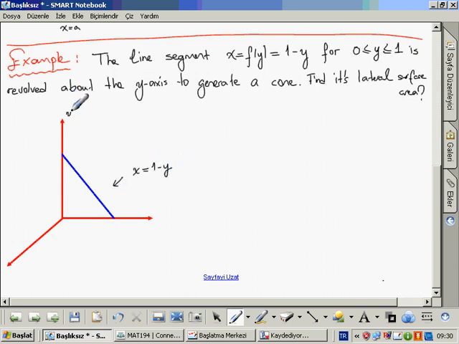Okay, this is the y and this is x and the z.